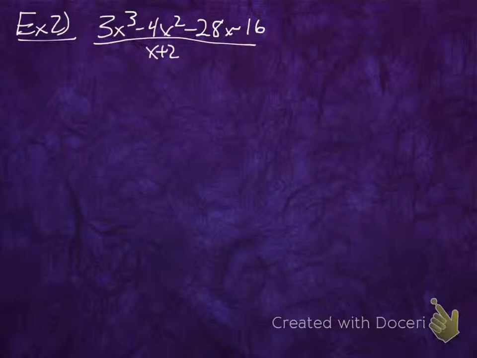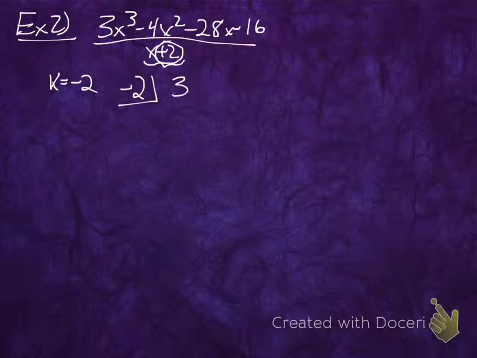And again, since I'm just dividing by an x plus 2, and this is a nice linear binomial, I'm going to use synthetic substitution, and my k value here is the opposite of positive 2. It's negative 2. So I'm going to synthetic divide out a negative 2, and I'm going to write down the coefficients 3, negative 4, negative 28, and a negative 16. There are no missing terms, and it's written in standard form kind of nicely for us.